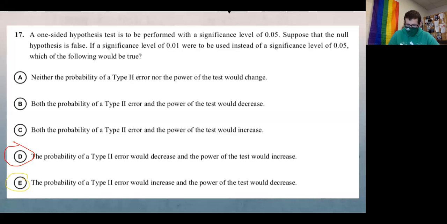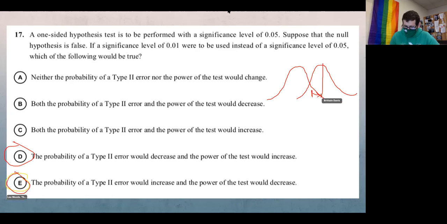So I was saying that sometimes it's good to draw a picture here. So I'm going to say this. Here's the null. Here is the hypothesized. Sorry, this is the true value on the right, and the left is the null. So if I went from a 0.05 to a 0.01, that's like moving from here to there.